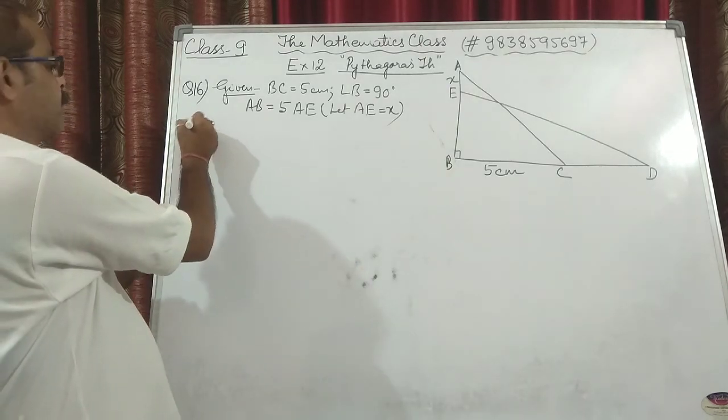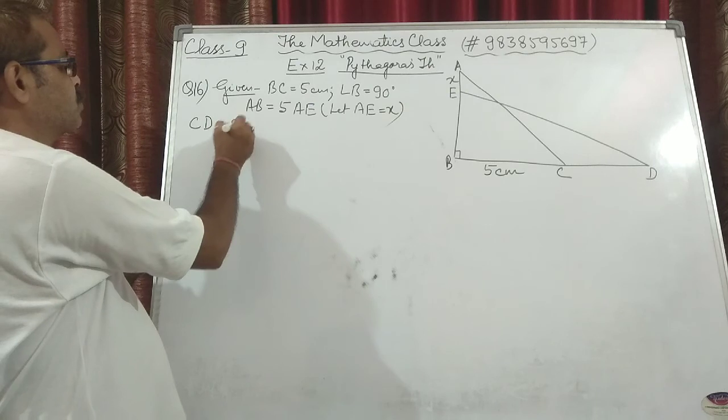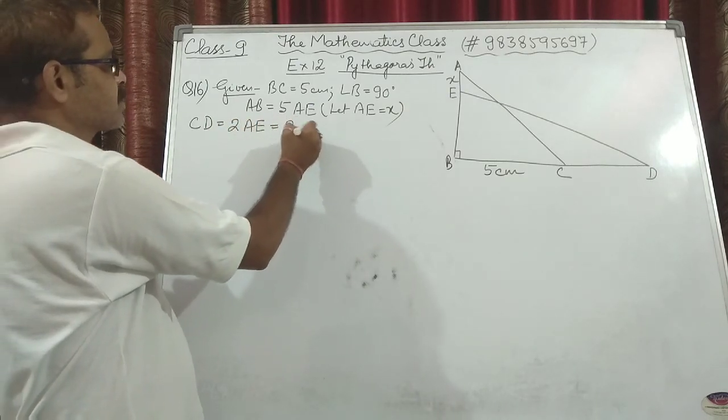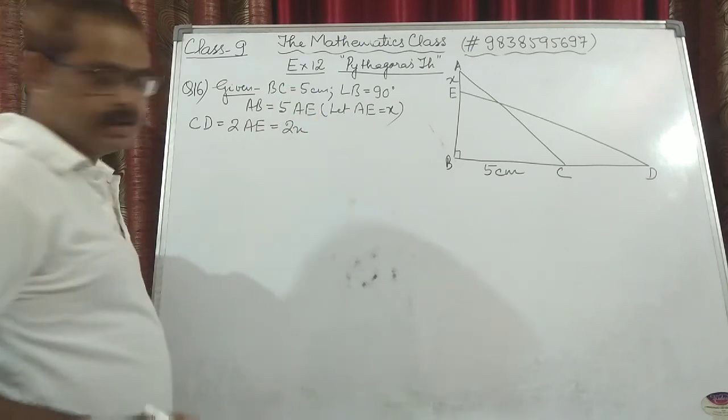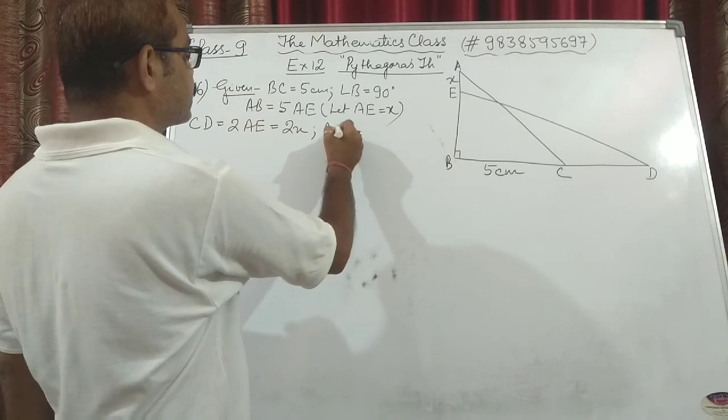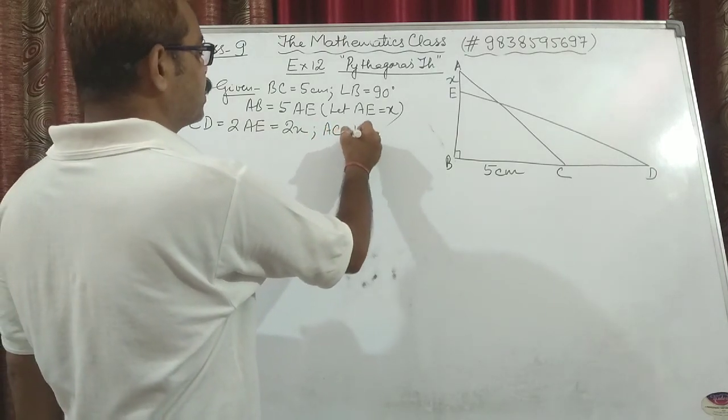CD is equal to 2 times of AE. It means 2x, and again it is given that AC is equal to ED.